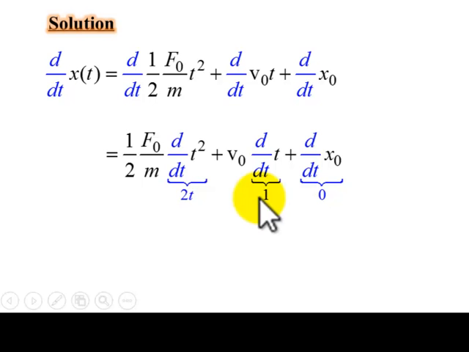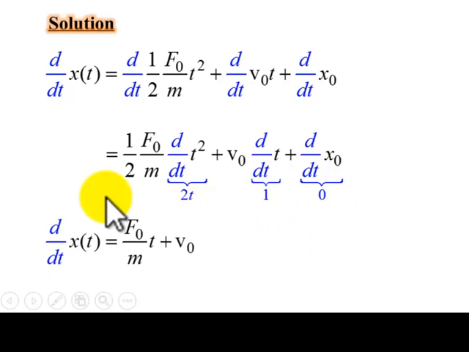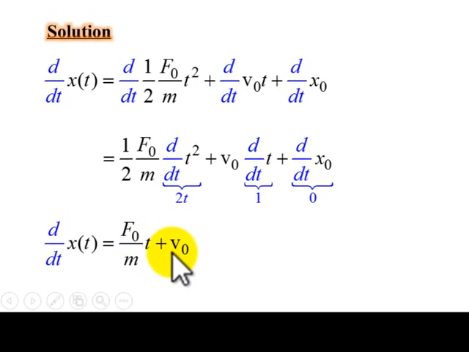Hence, the second term is v0. In the last term, because x0 is a constant, meaning it can never change in time, the last term becomes 0. Simplifying the entire expression, for the first derivative, we have f0 over m times t plus v0.